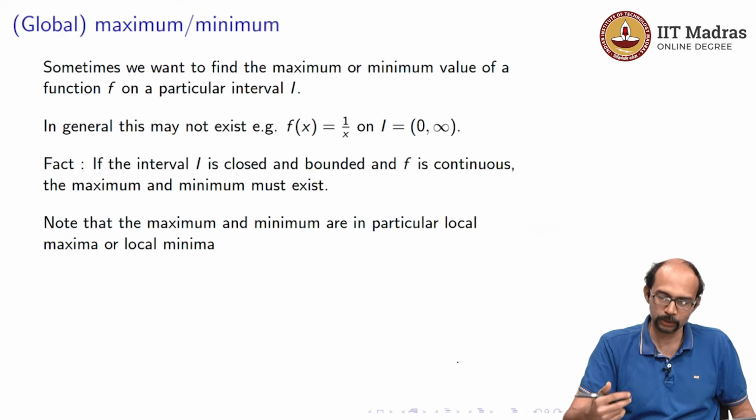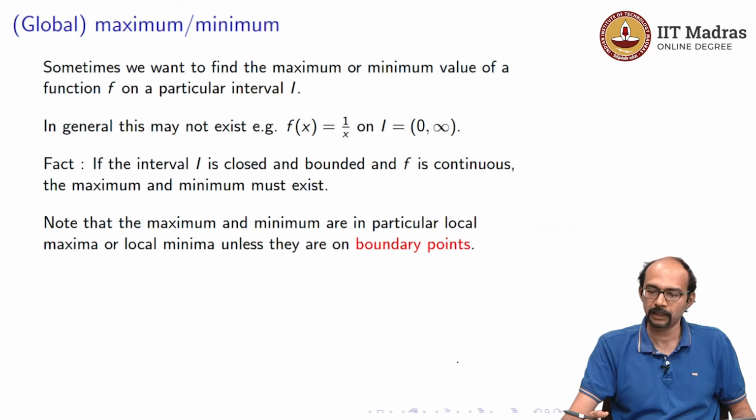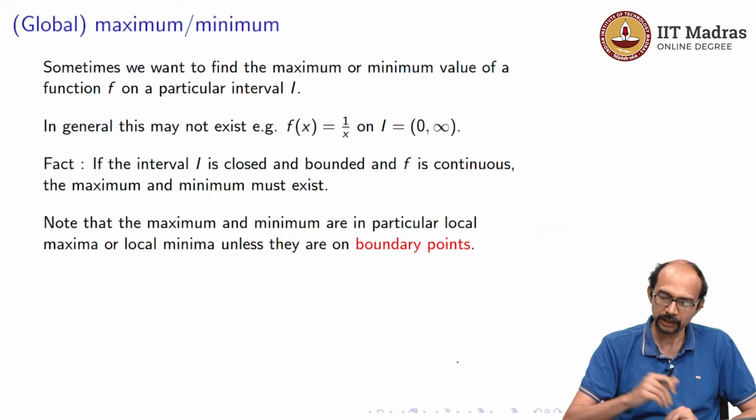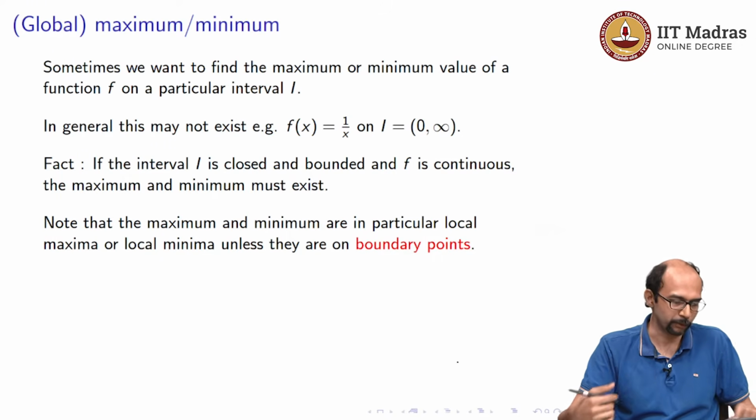Note that the maximum and minimum are in particular local maxima or local minima, unless they are on boundary points. If they are on boundary points, then they need not be a local maximum or a local minimum in the sense that we have studied before.